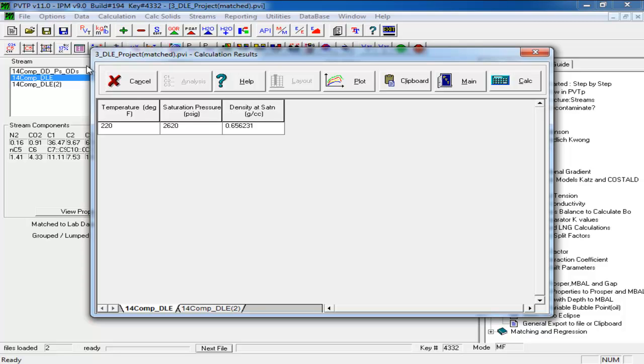But the problem of this equation, you need to find Z at each pressure stage. Let's say you are going here by each 100 psi. You need to find Z1, Z2, Z3, Z4, Z5, let's say Z6, this is P6. So to describe the gas properties at each stage, you need to calculate the Z factor at each stage.